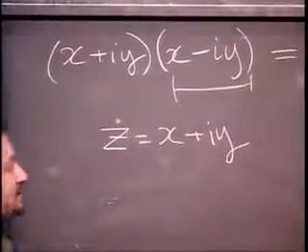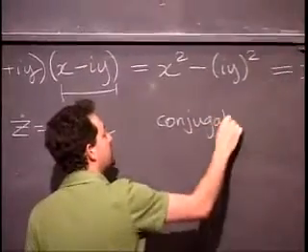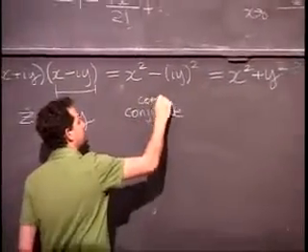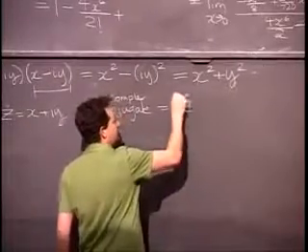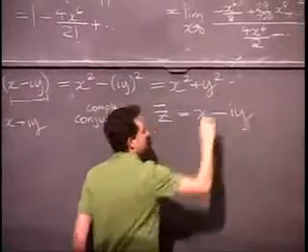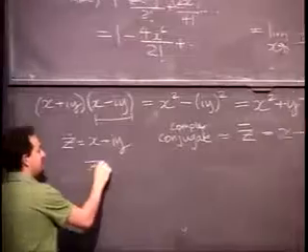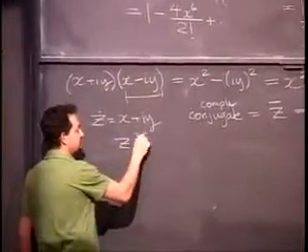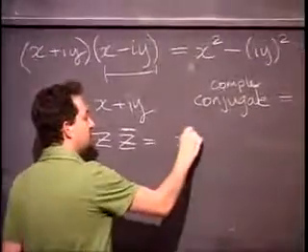The conjugate expression, which is called the complex conjugate, or just conjugate, is z bar. It's written like z with a bar over it, and it's x minus iy. And what I'm trying to tell you is that z times z bar is equal to x squared plus y squared.